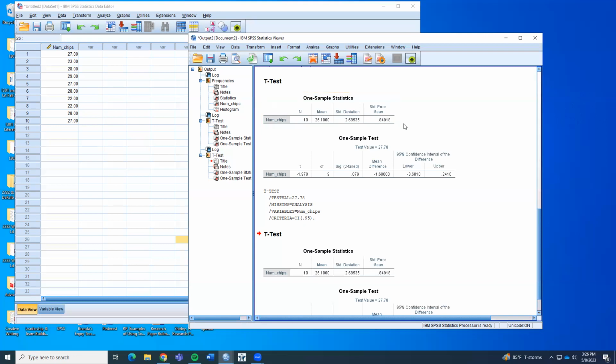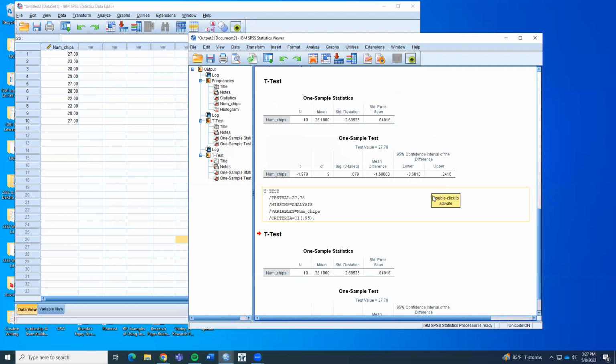Okay, let's go ahead and look at the confidence interval here. Here is the lower confidence interval, negative 3.6, and the upper is 2.4. And 0 falls within that range. So again, there's probably no significant difference.